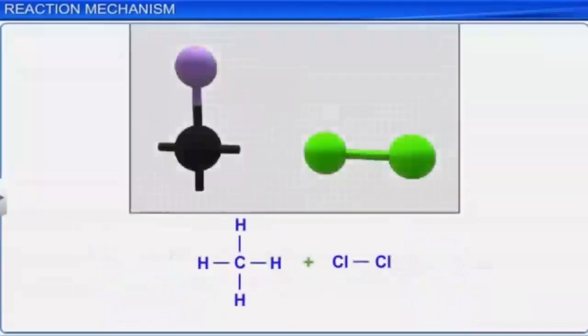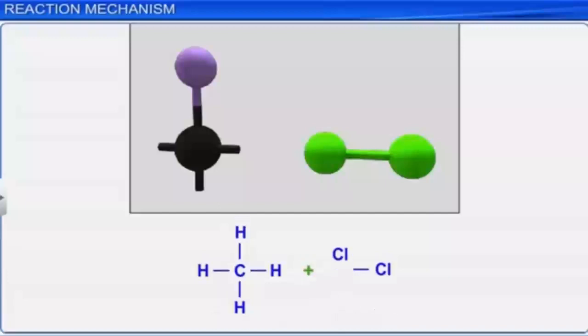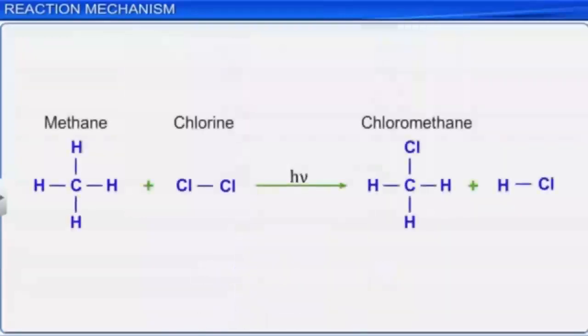In the reaction between chlorine and methane, methane supplies the carbon atom to form chloromethane. Hence, methane is the substrate and chlorine, the other reactant, is the reagent.